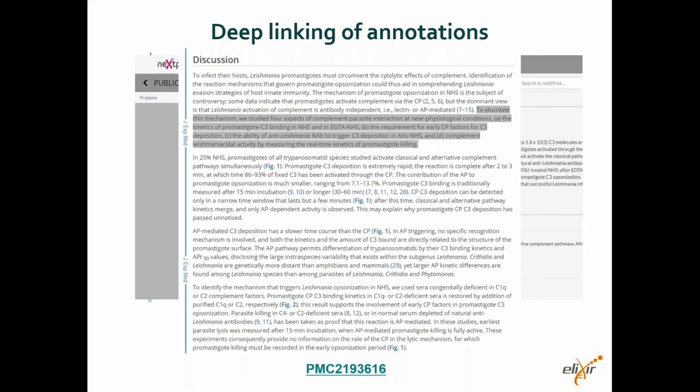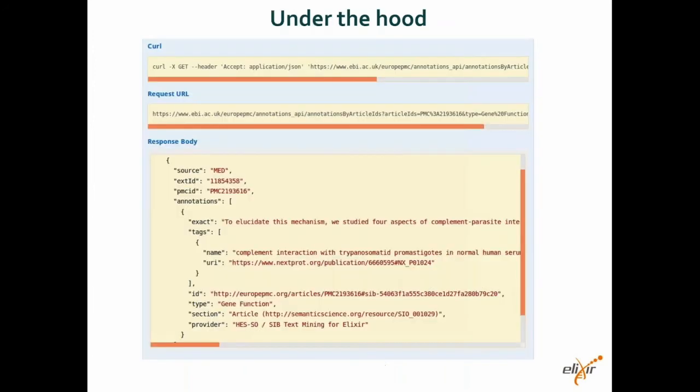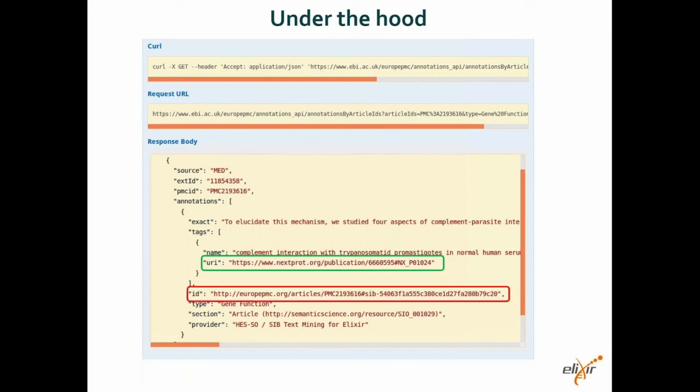Let's see how it looks under the hood. Essentially, there are two aspects. The URI of the annotation is being consumed by Europe PMC for highlighting the annotation on the text, whereas the neXtProt developers use the annotation URI to include in their data record so that it can be linked to the specific text.